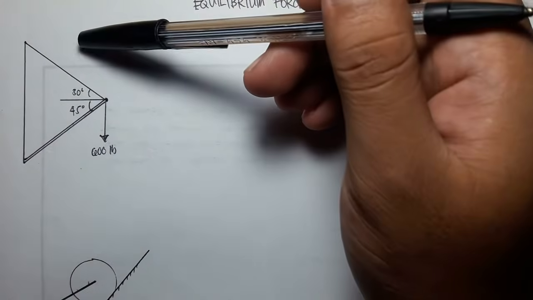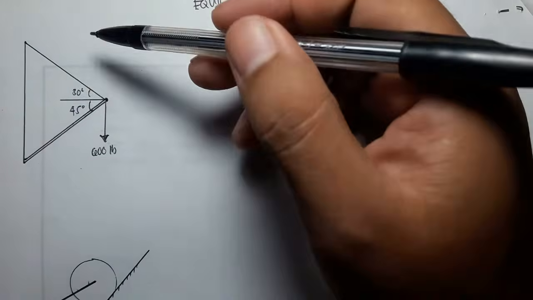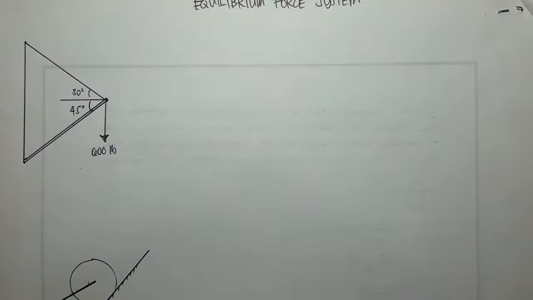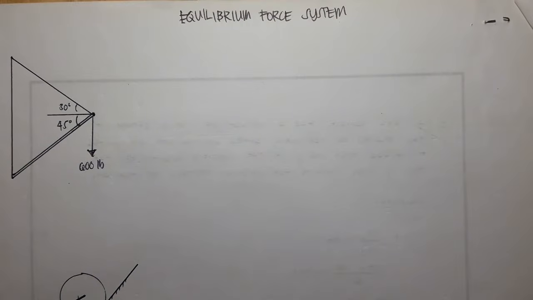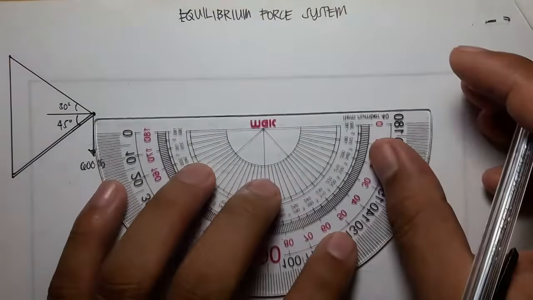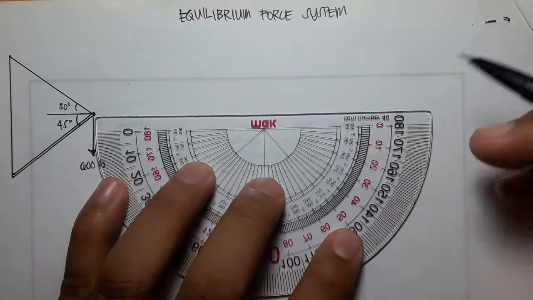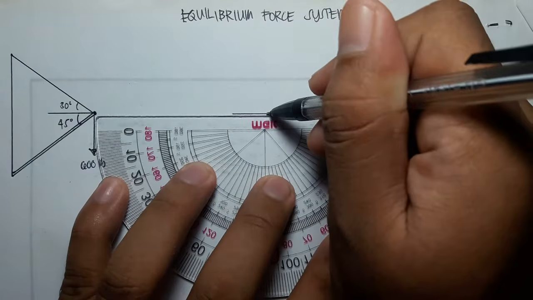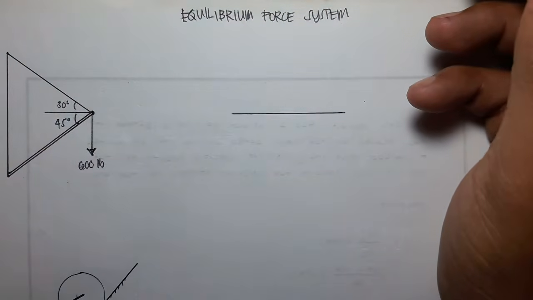This is the cable, as you can see, and this is the boom. So the tensile and the compressive force in that system. First we would like to make an FBD of this system.